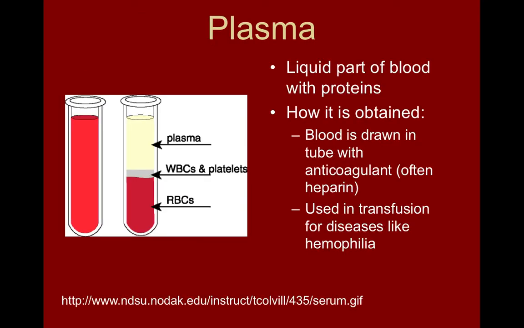All right, so let's talk about these parts of the blood again a little bit more specifically. So plasma is the liquid part of blood that includes proteins. Plasma would be something, and so if you work in a lab, which some of you will probably do someday, there are tests that go into machines, and sometimes you need whole blood, which would be what you see over here.